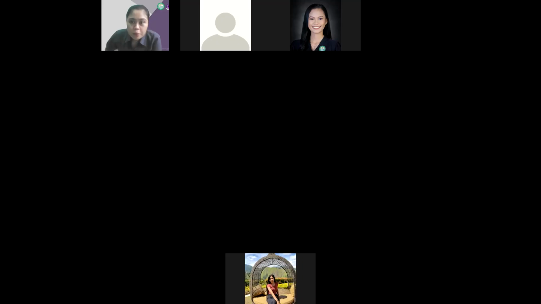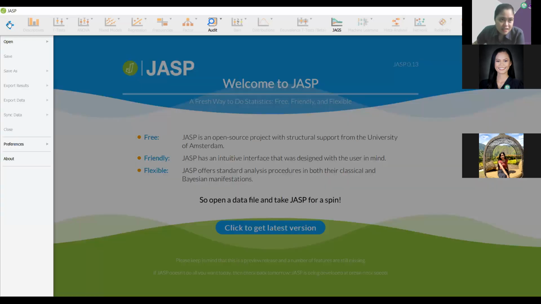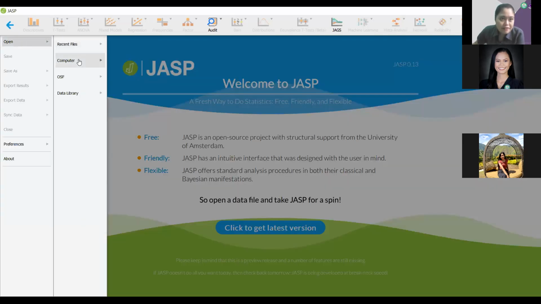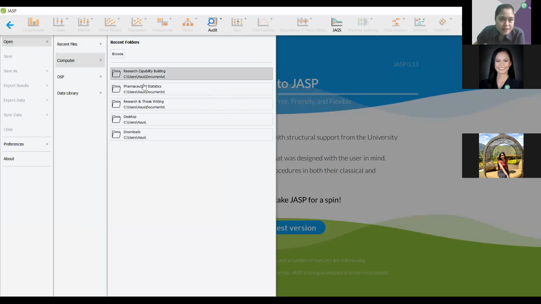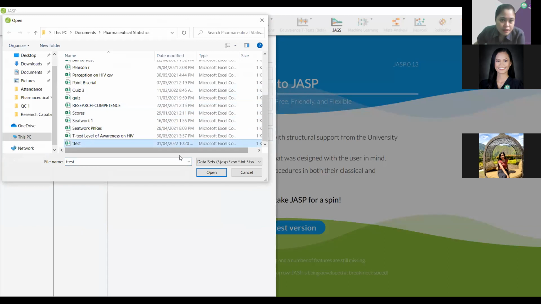So let's open the JASP. Let's see if parallel ba lahat, manual man, Excel or JASP. Titingnan natin if we are still rejecting the null hypothesis. So class, diba, the JASP starts here. You open the file first. I placed that one sa pharmaceutical statistics na folder and I labeled it as t-test.